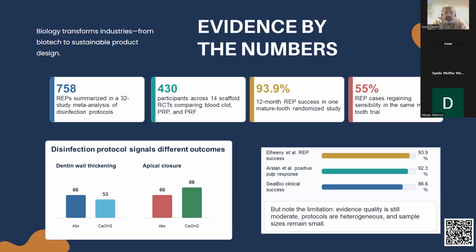This was a pool of 32 studies, and it showed that antibiotic paste was associated with more dentine wall thickening, while calcium hydroxide was associated with more apical closure.